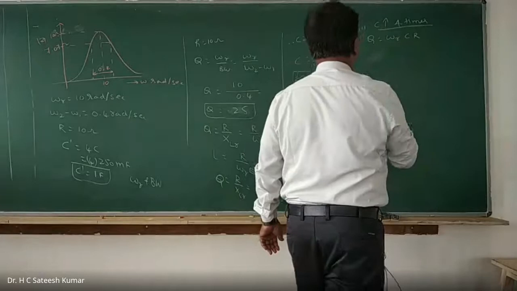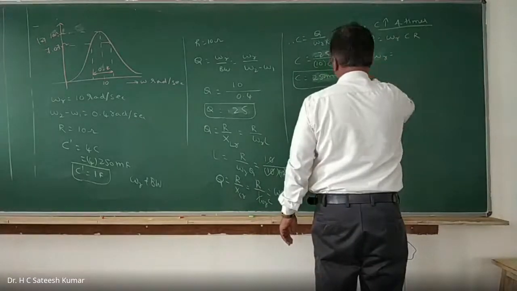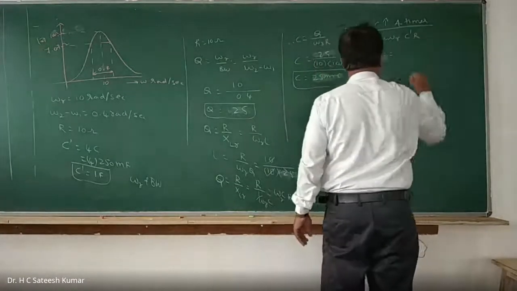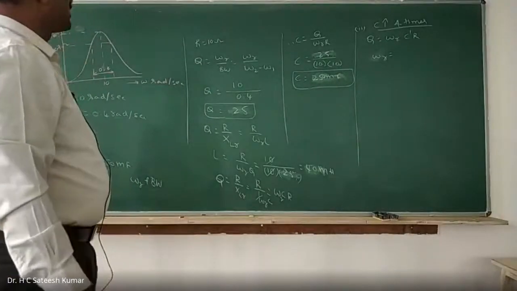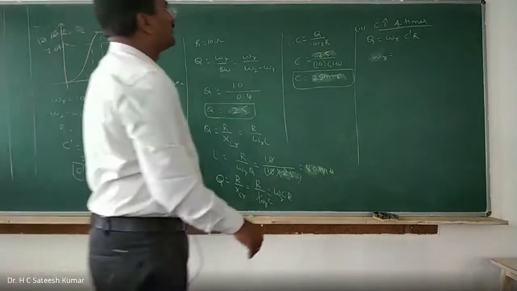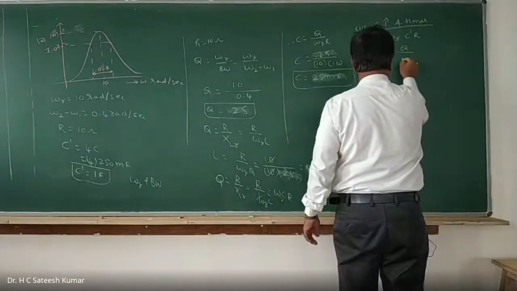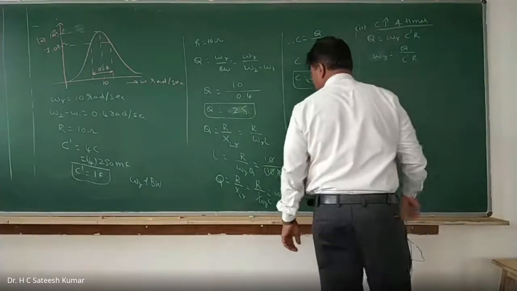Omega r is equal to Q divided by C dash into R. But Q also will change.